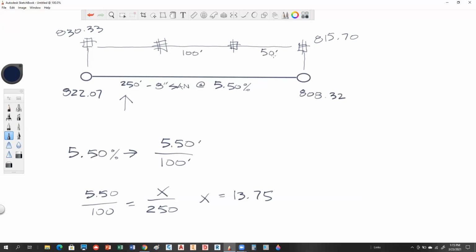Give me a sec here. I want to think of something. I got to figure out something for my ground. Let's see. So we're going to call this 817.85. So that's the elevation of the stake.